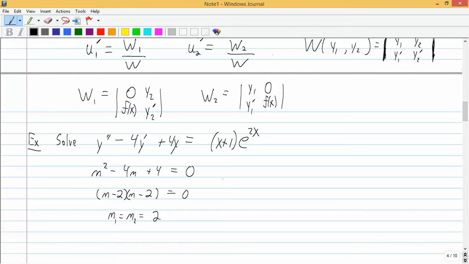They're the same. It's a repeated answer, right? So that means my complementary solution is c sub 1 e to the 2x plus c sub 2 x e to the 2x. Remember, when you have a repeated solution, you have to put that x in there.